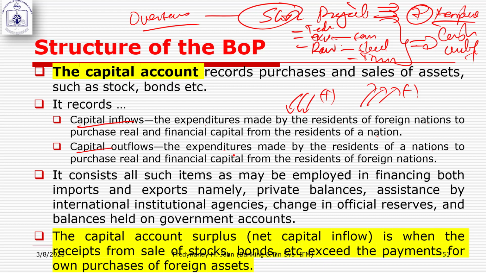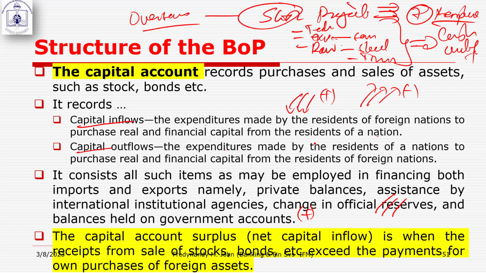Net capital inflow, that is a positive figure, is achieved when businesses or individuals from abroad have purchased a lot more assets from our country than we have purchased from their countries.